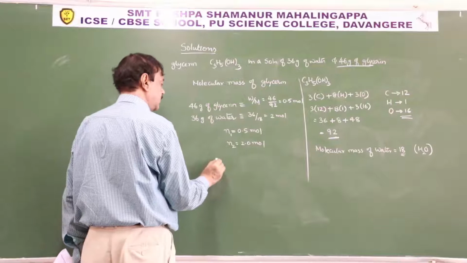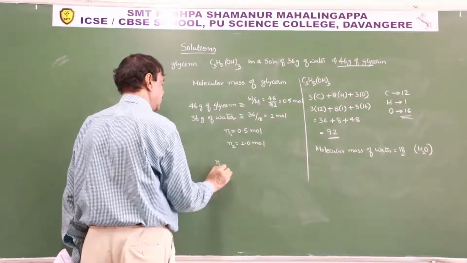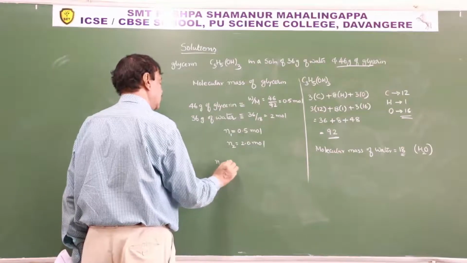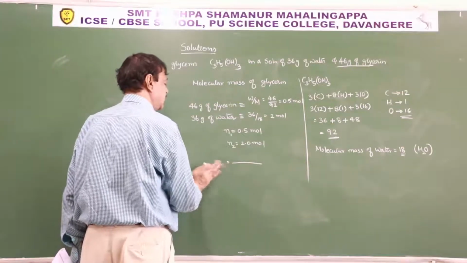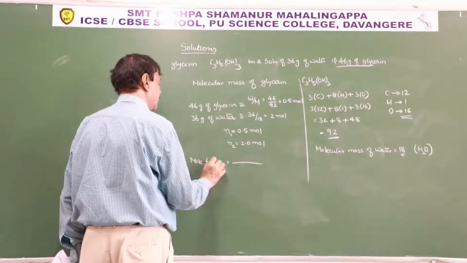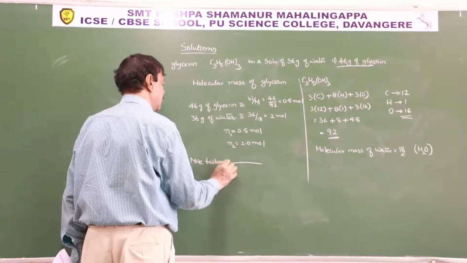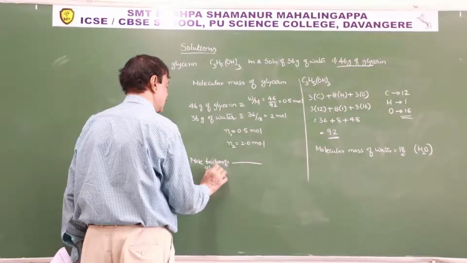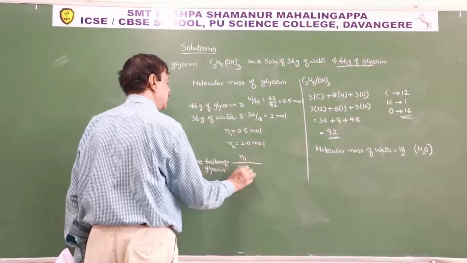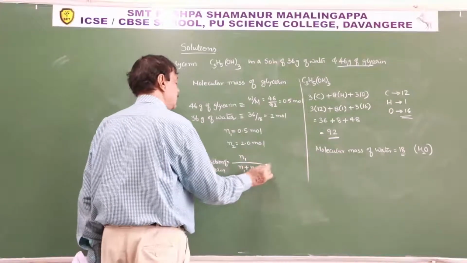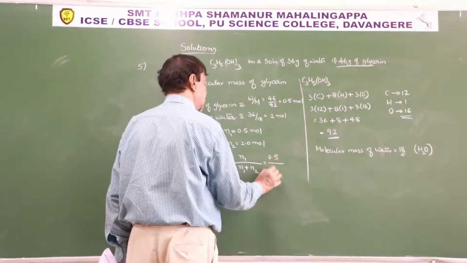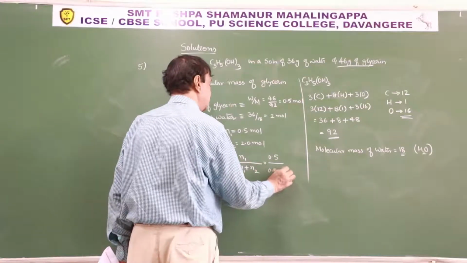Therefore the mole fraction of glycerine is given by N1 divided by N1 plus N2. N1 is 0.5, plus 2.0.